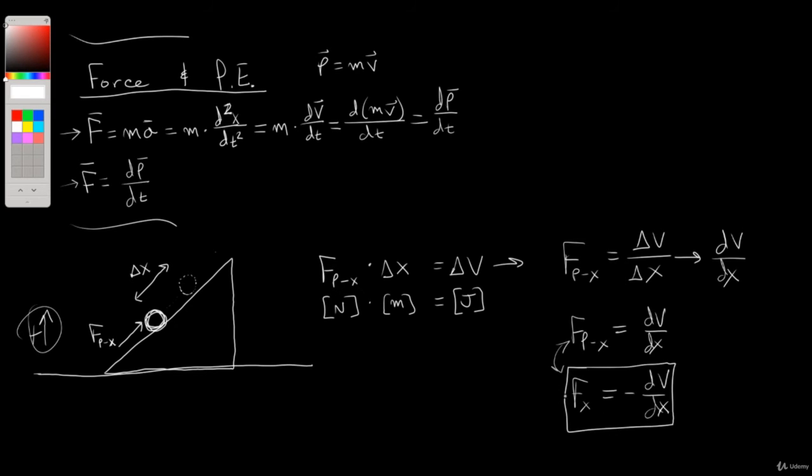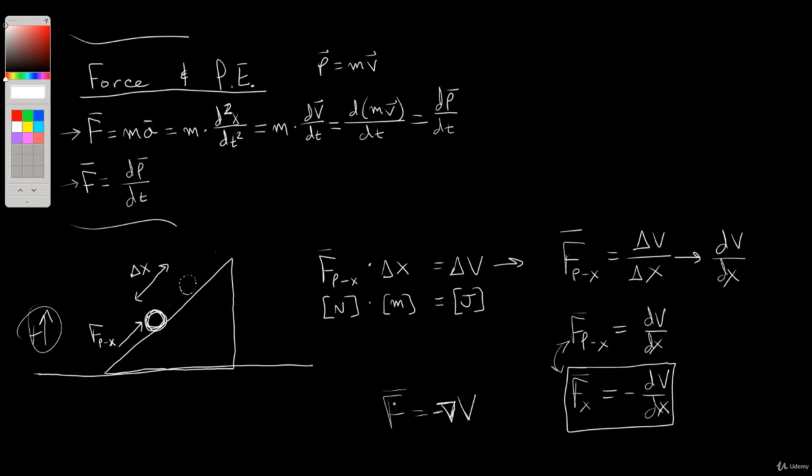And if we generalize this to all three dimensions, we have this expression, and of course these are all vectors: F is equal to minus nabla V. This term, this upside down triangle, is simply the derivative in all three dimensions.